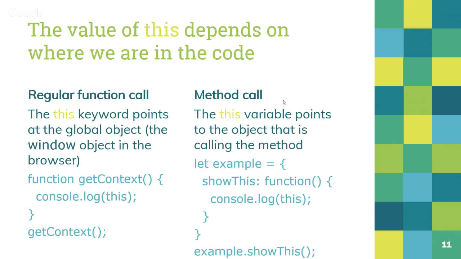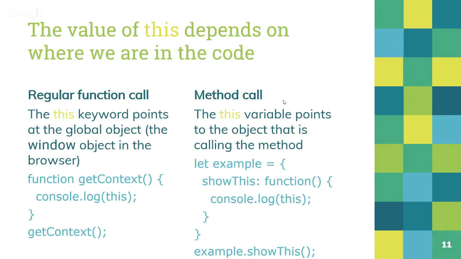So if you're running JavaScript on Node.js, which is an environment outside of the browser, you will get the global object logged to you. If you log this variable in the browser, you will get the window object, which is the outermost object in the browser.